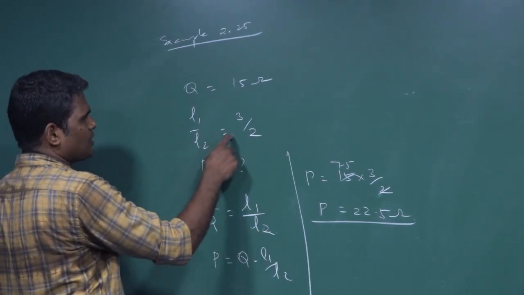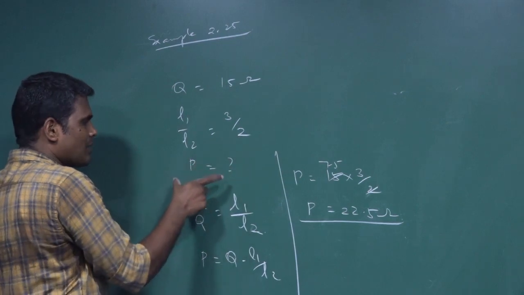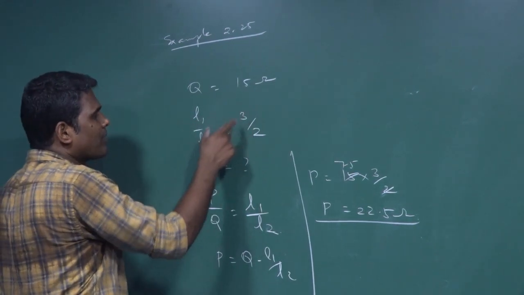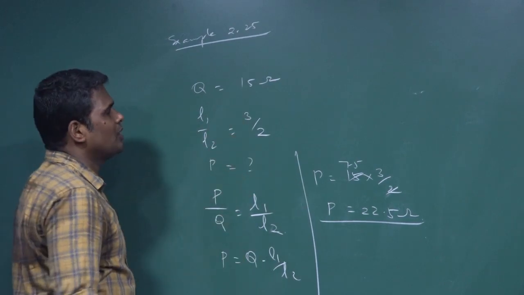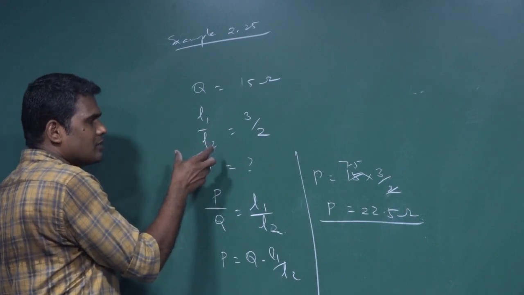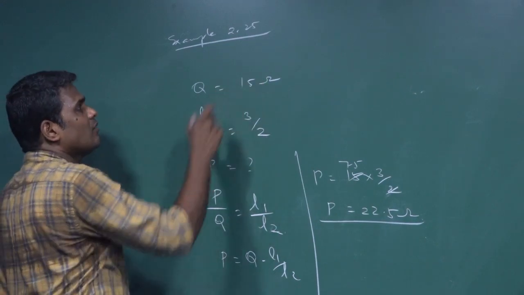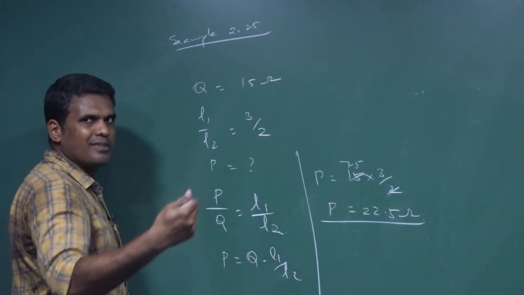Just look at the expression. The balancing lengths are given in the ratio 3:2, L1 is 3 and L2 is 2. So we can understand that the value of unknown resistance must be greater than the value of known resistance. Then only this ratio will come as 3/2.